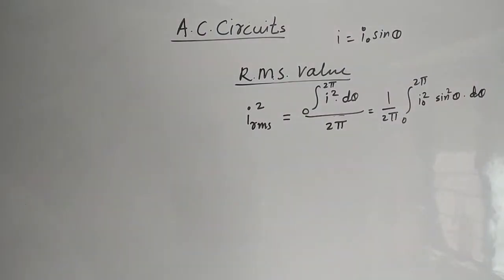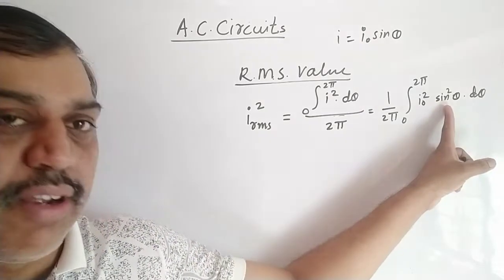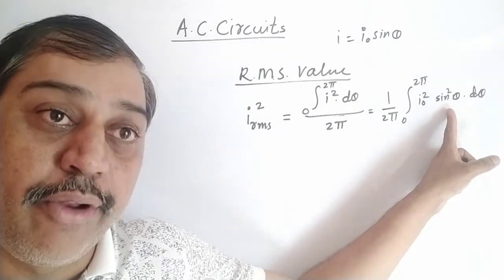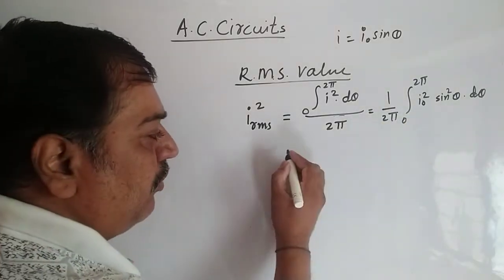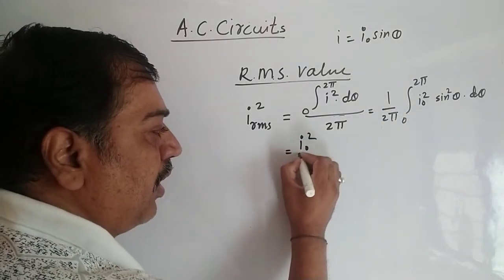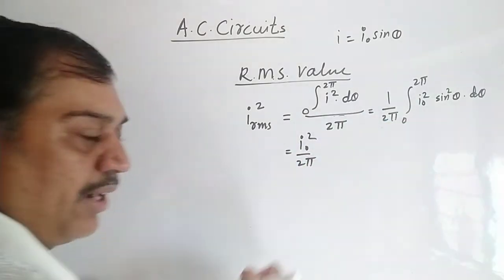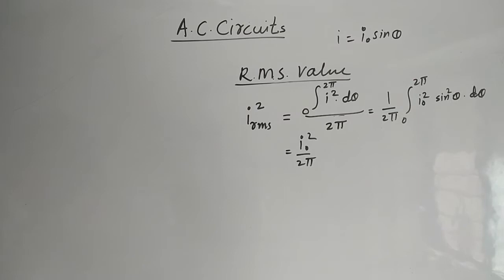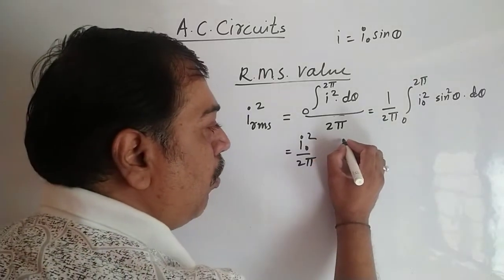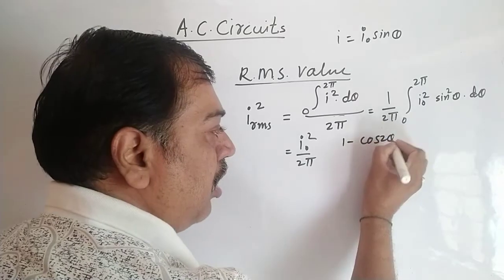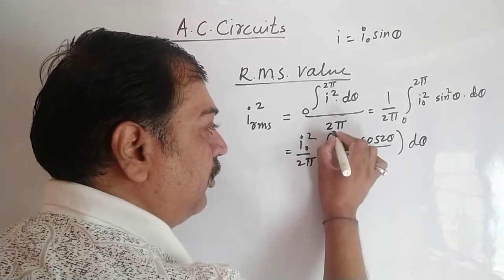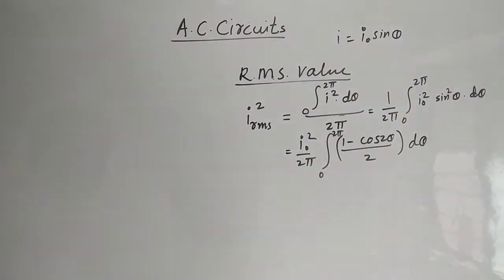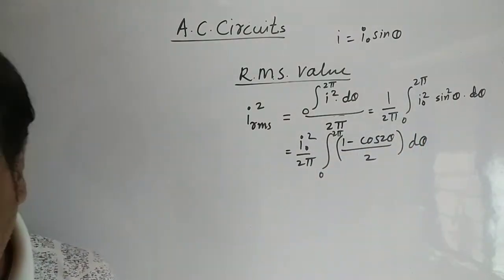Those of you who have studied mathematics up to 10th standard have learned the trigonometric formula: sine square theta is equal to 1 minus cos 2 theta, divided by 2. So with I0 square taken common, we can write this equal to I0 square divided by 2 pi, integration from 0 to 2 pi of 1 minus cos 2 theta divided by 2, d theta.